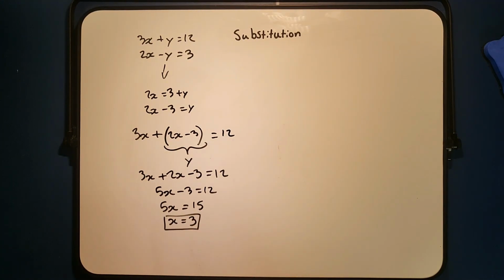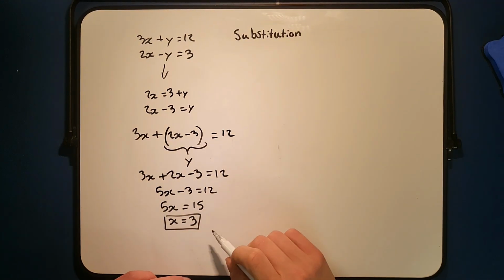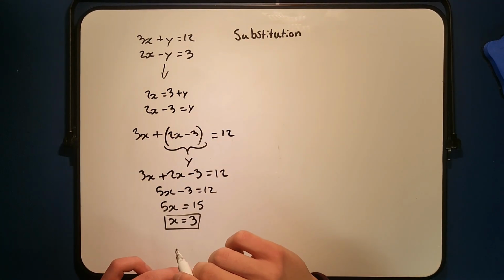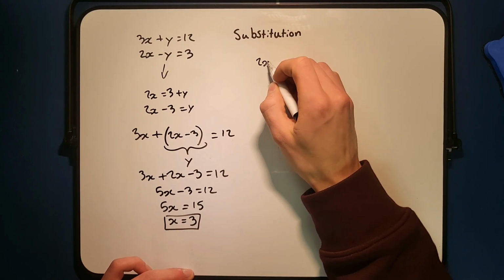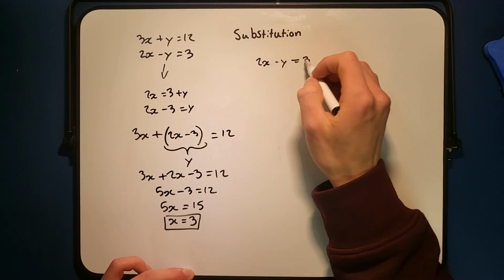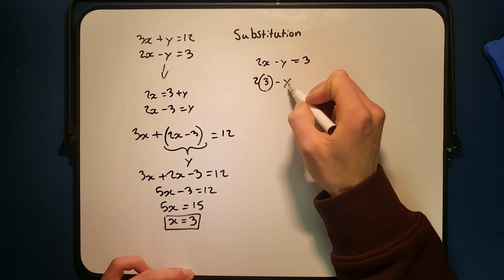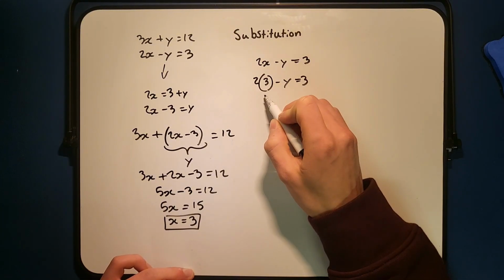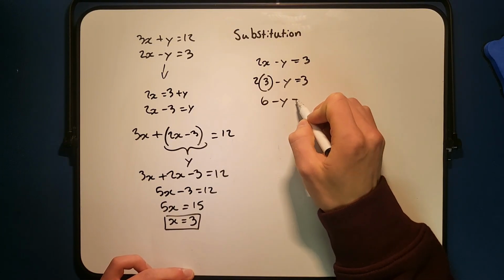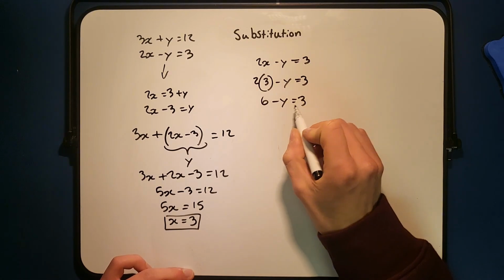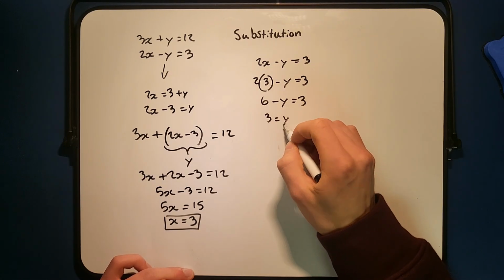Using this solution from our x term, we can sub this back into one of our original equations. So 2x minus y is equal to 3, sub in the 3, and we've previously done this, but I can show you again. 6 minus y is equal to 3, and as we know, 3 is equal to y.